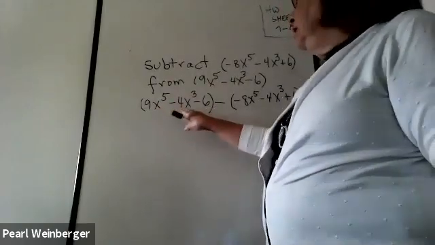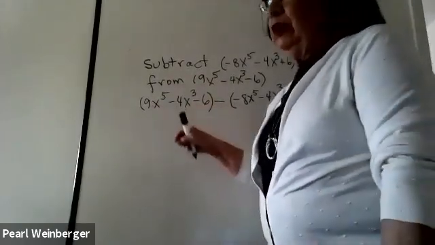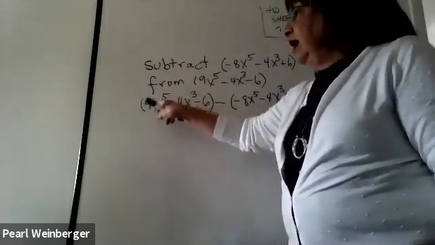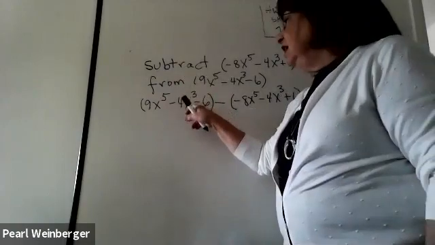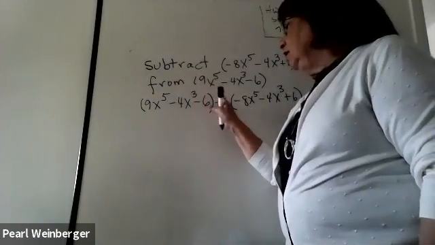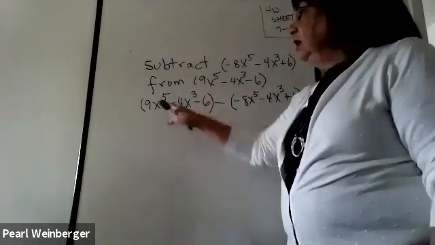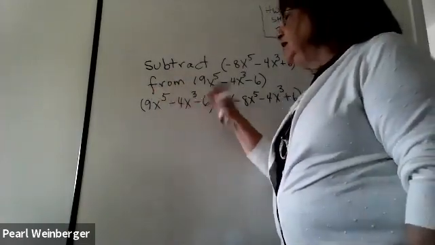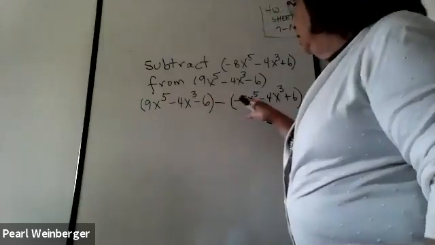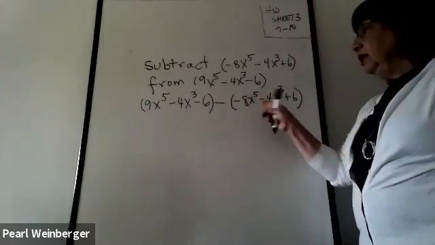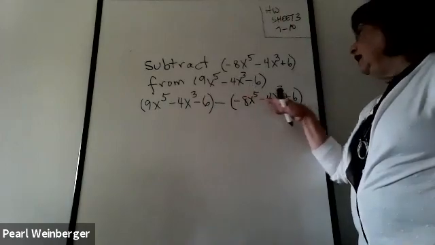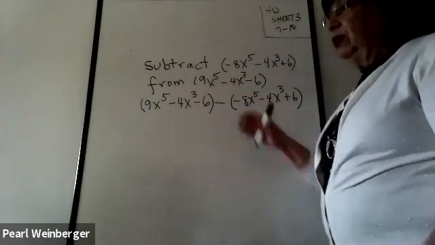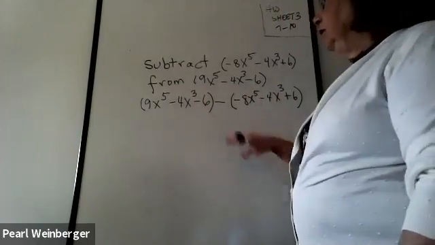It happens to be also in what we call descending order because the highest exponent is first, then the next highest exponent, then the one that doesn't have any exponents. It happens to be a trinomial whose degree is 5 and is in descending order. That's true of the second one as well. Its degree is 5 and it is in descending order. I just want you to be aware of this terminology.